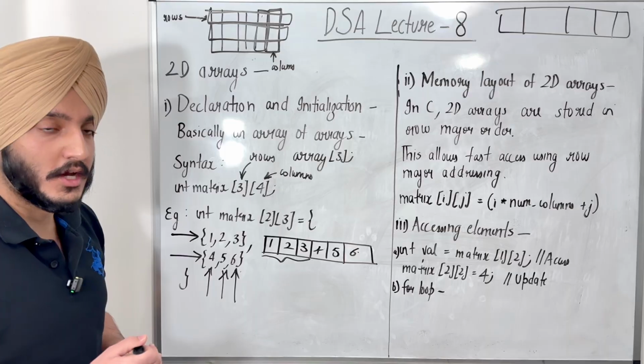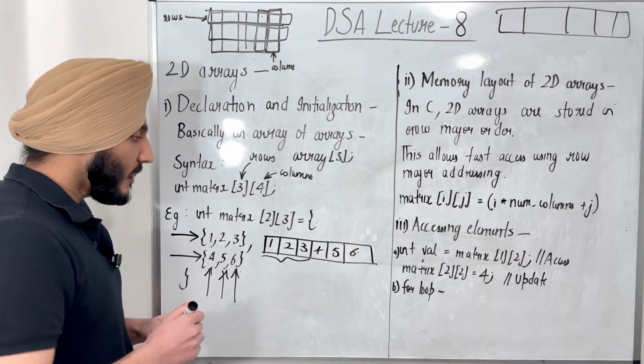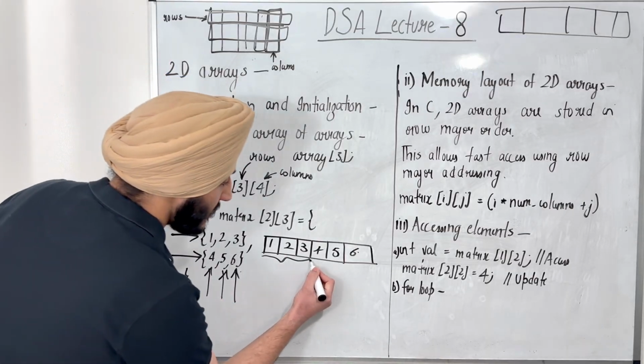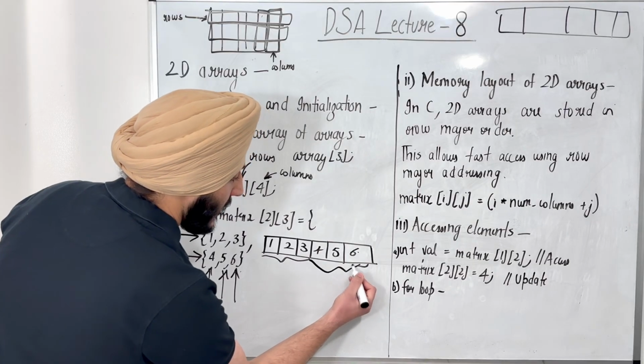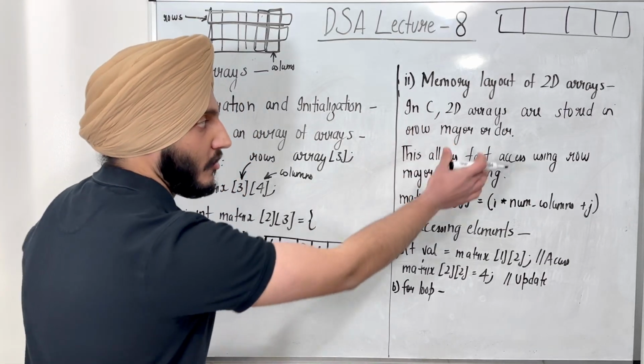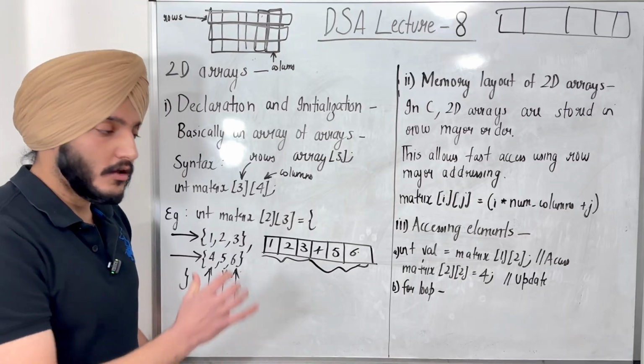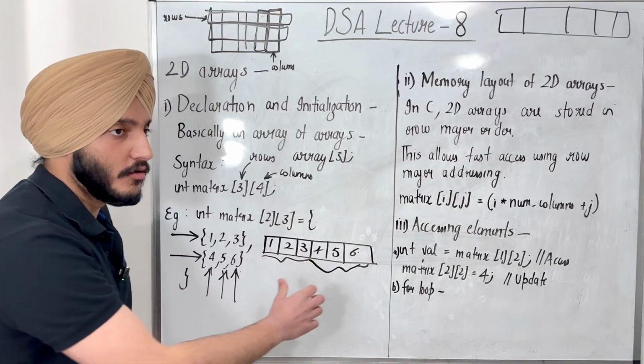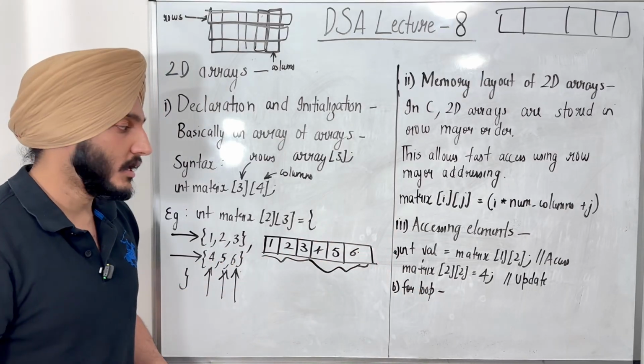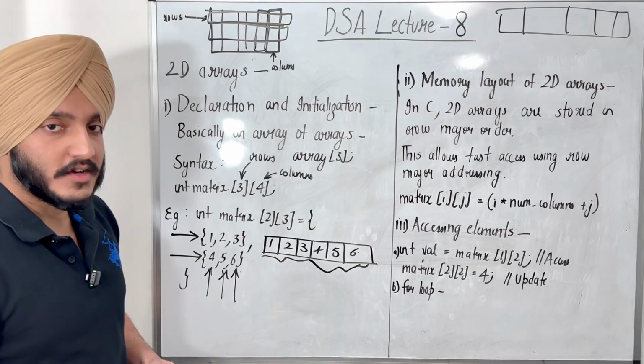That's a very important thing to understand. So what's going to happen is first row is stored. This is going to be the second row, and that is what we call the row major order, meaning we store in the order of the rows, first row, second row, and whatever the third row is, etc. Right? So I hope you were able to understand this part.